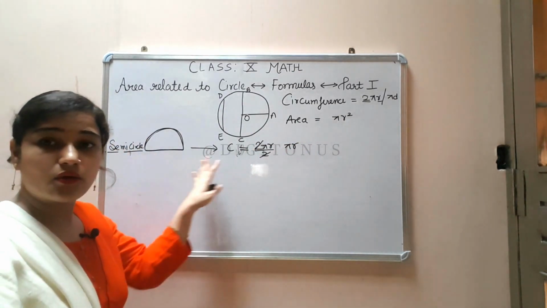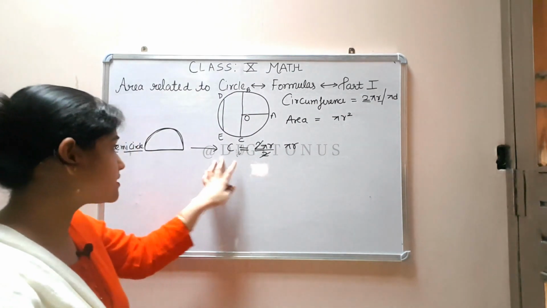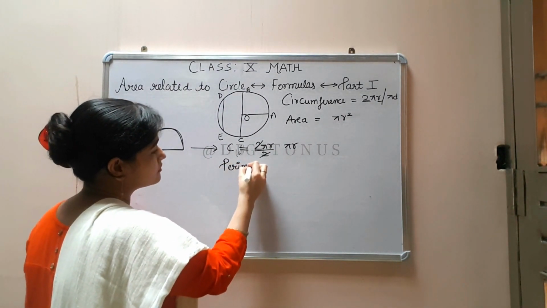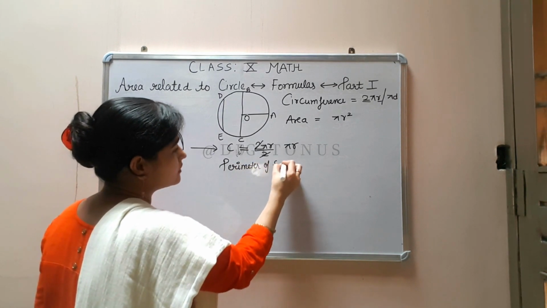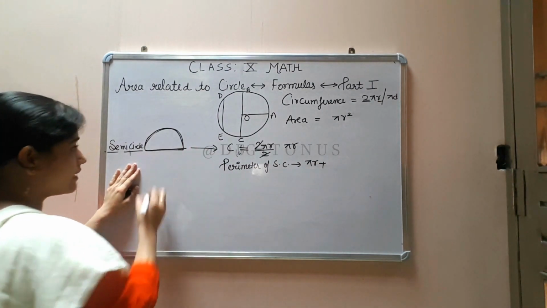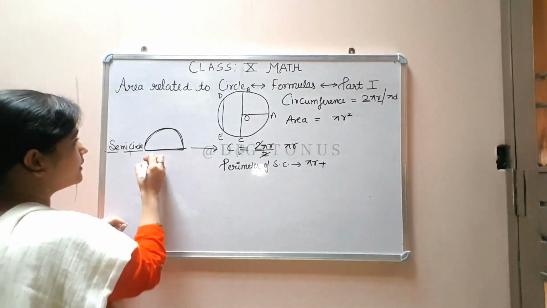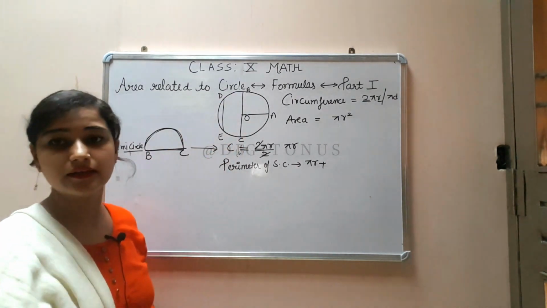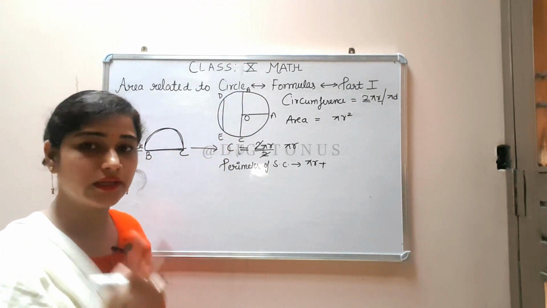If they are asking only the circumference, it is pi r. But if they are asking the perimeter of a semicircle, then it is pi r plus this side, and this side is the diameter of the circle. I was telling you that the diameter of a circle divides a circle into two equal parts.